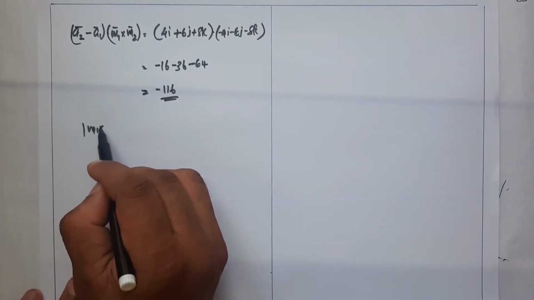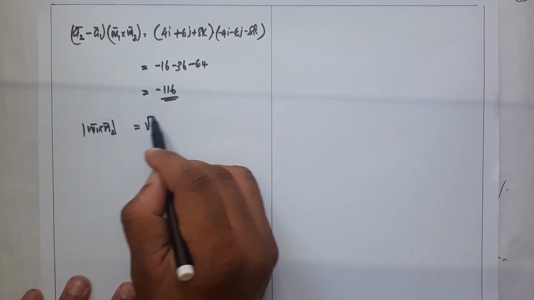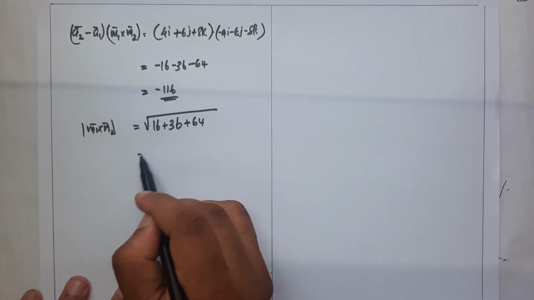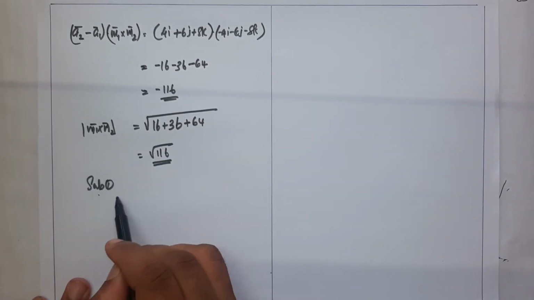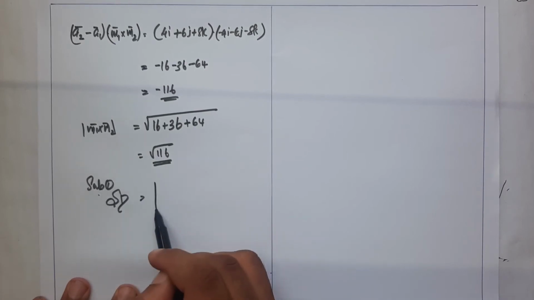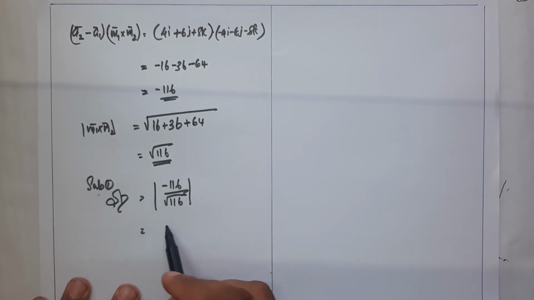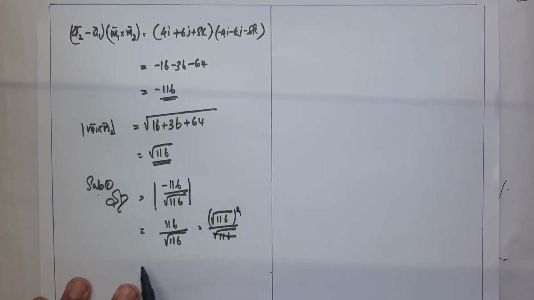Then modulus of m1 cross m2 is the square root of 16 + 36 + 64, which is root 116. Substituting in equation number 1, the shortest distance is modulus of −116 divided by root 116, equal to 116 by root 116. This 116 can be written as (root 116) whole squared by root 116. Root 116 cancels, and therefore we get the answer root 116.